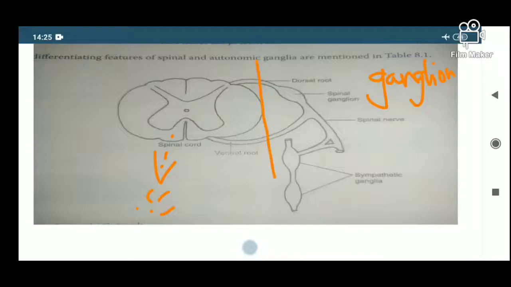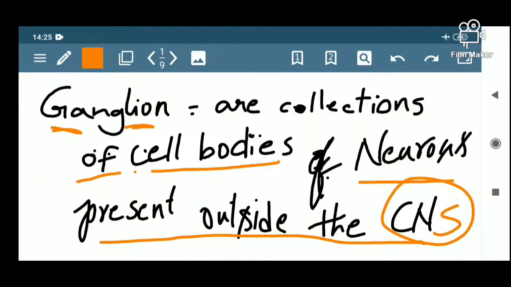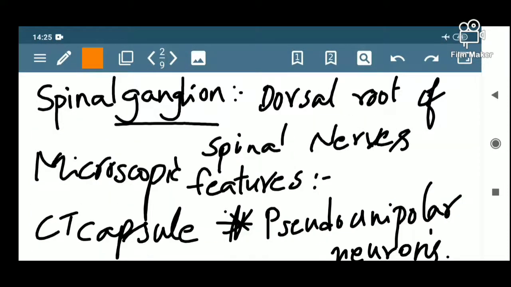Here is the spinal cord, and away from this there is a group of cell bodies which are present here, and this is called spinal ganglion. You can see here there is a dorsal root and this is the spinal ganglion. So the spinal ganglion is present at the dorsal root of spinal nerves.